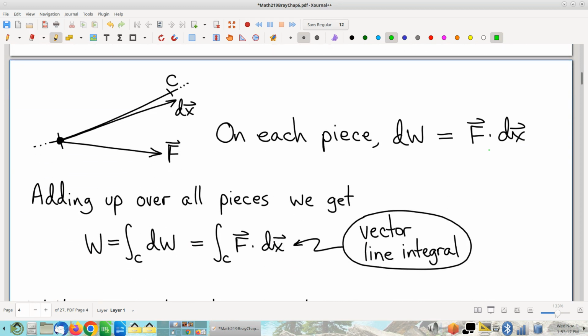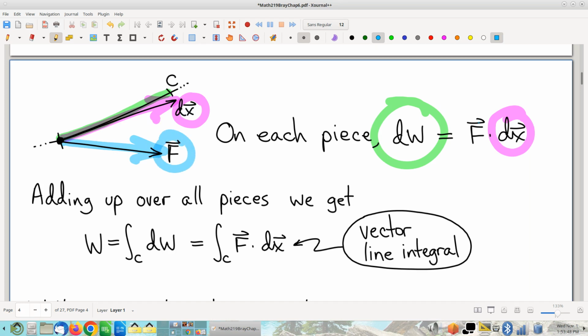Okay. All right. So we're expecting something different to play out. Here are the details. Here's our little piece of curve that we're looking at. Again, keep in mind, chop it up, add it up. We're just looking at one little piece right now. On that little piece, how much work does it take to move across that little piece? Well, I'm going to have a displacement dx vector approximating how much I move, right? And over that little piece of curve, I will be applying some force.